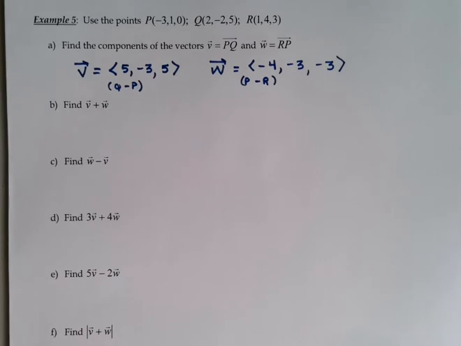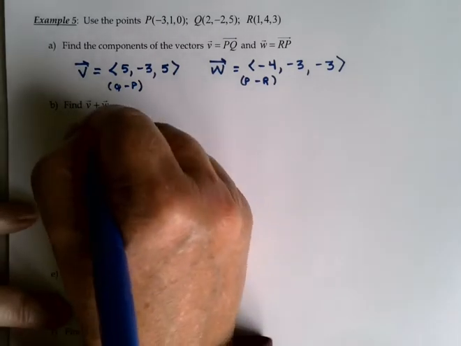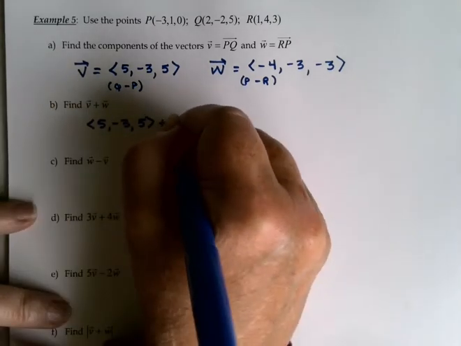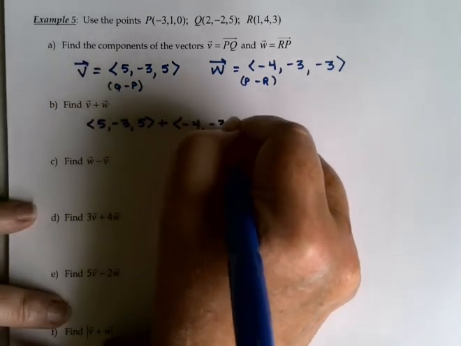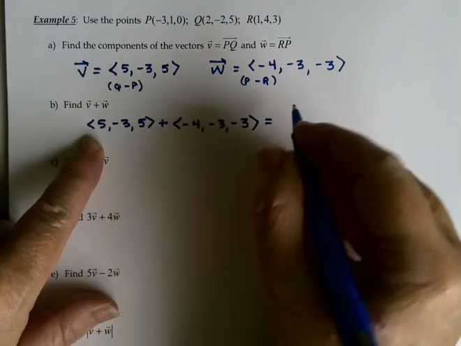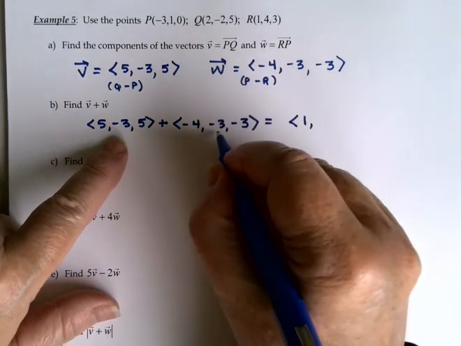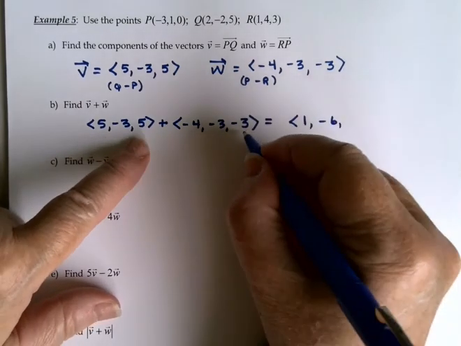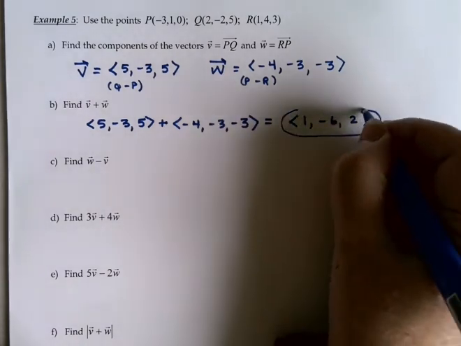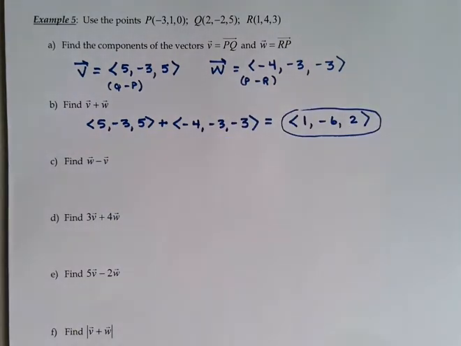In part B, adding them, V plus W. I just take my V, add my W. And that's going to give me 1, negative 6, 2. Simple as that.